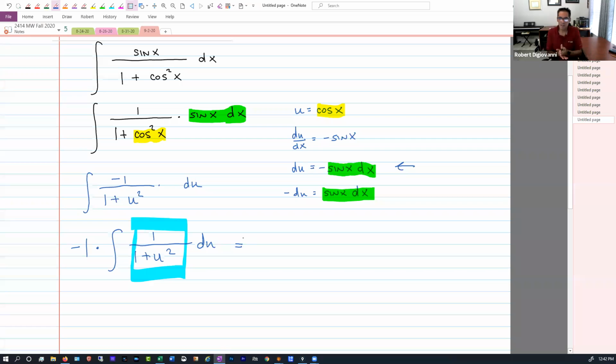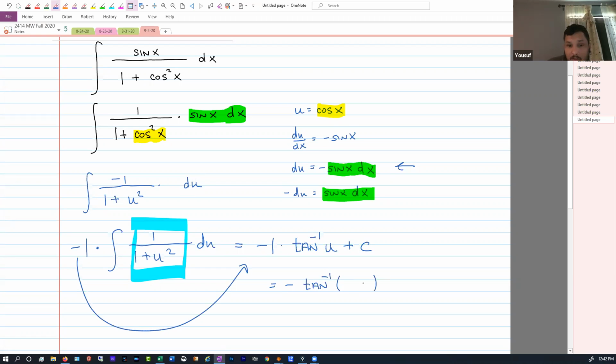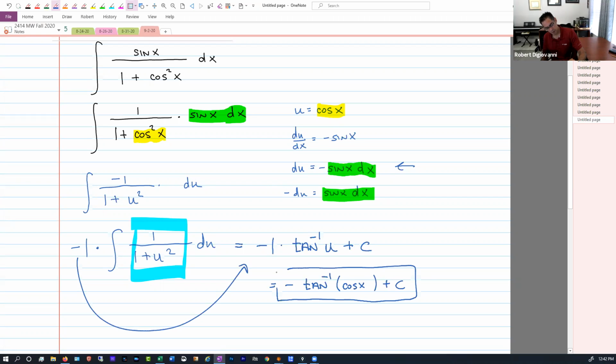It is antiderivative time, no more integral sign. I have the -1 that's going to come for the ride, but then the antiderivative of 1 over 1 plus u squared is arctangent of u plus c. And that will be negative arctangent. What was u? Cosine x. So negative arctangent of cosine x plus c. There it is.